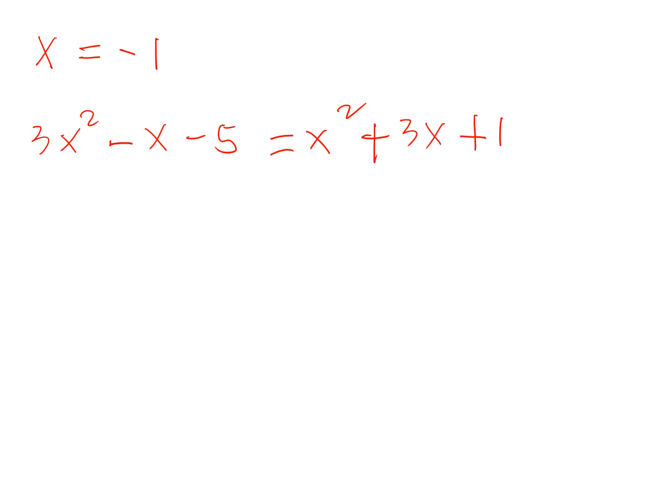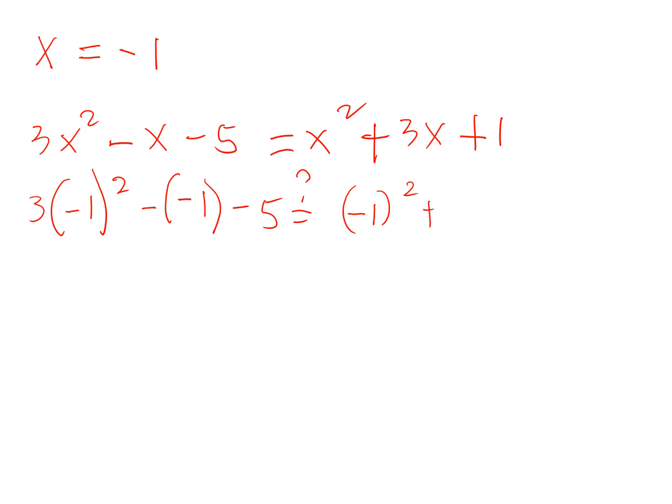Then we're going to substitute the value of x, which is equal to negative 1: 3 times negative 1 squared minus negative 1 minus 5. Is it equal to negative 1 squared plus 3 times negative 1 plus 1?